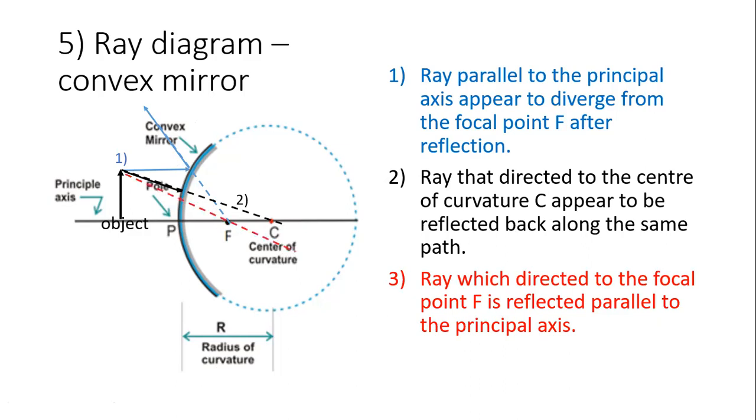Same thing, draw a broken line from the object to F. It appears to go to the focus, so you can now complete it. That's number three. After reflection, it goes parallel. So that's the object, and the image is here. If you produce these lines, the three lines should intersect here, behind the mirror.